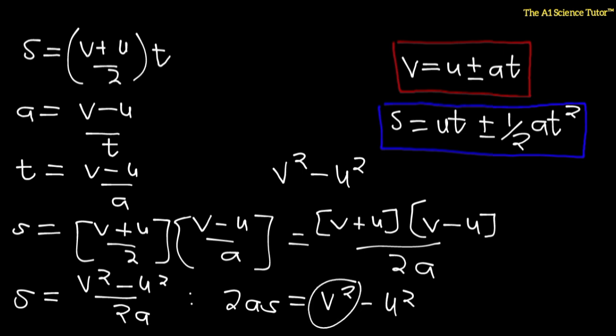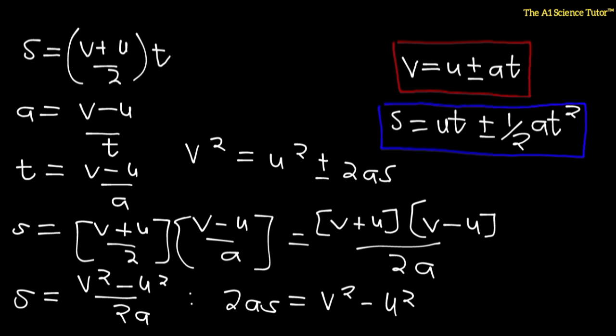So I want to make V squared the subject. How's that going to look? This is going to be V squared, and you're going to have U squared plus or minus 2AS. Now, of course, there is actually just a plus here. But as you know, we're talking about retardation and acceleration, so there should always be a plus and a negative in case of whichever situation we're operating on.